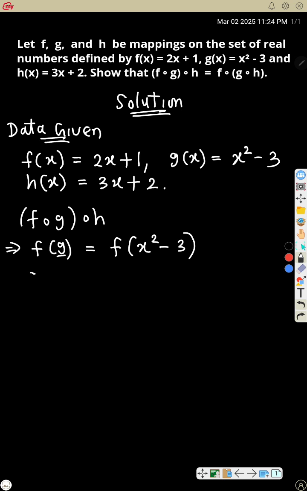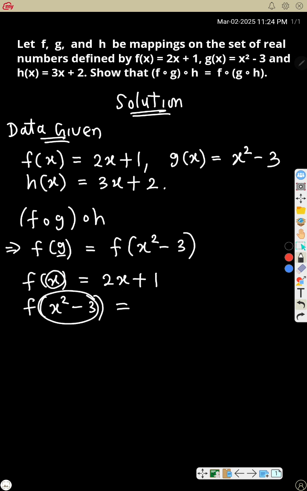And remember, you have f of x given as 2x plus 1. So anywhere you see x, put x squared minus 3.